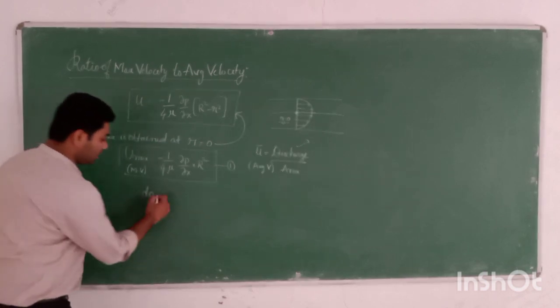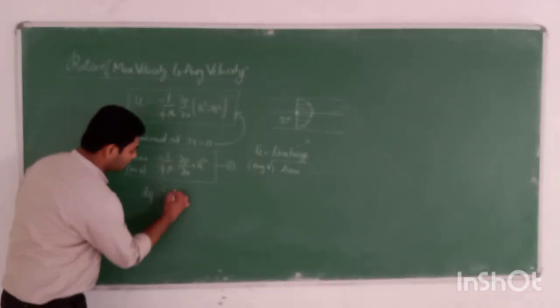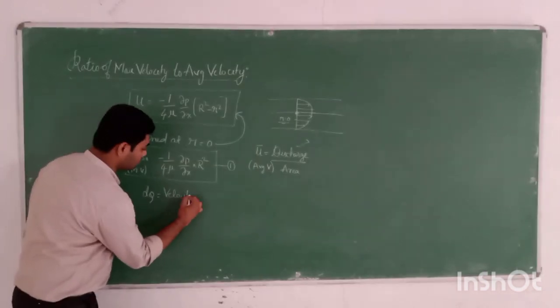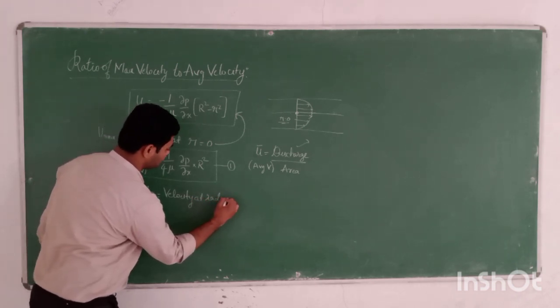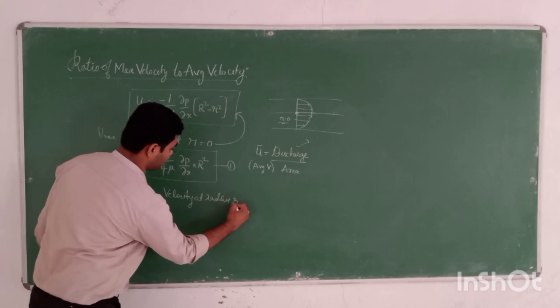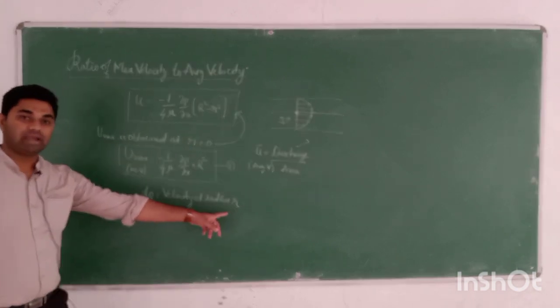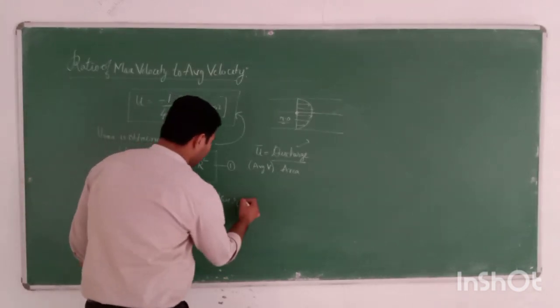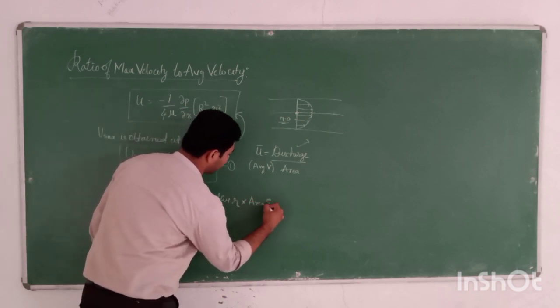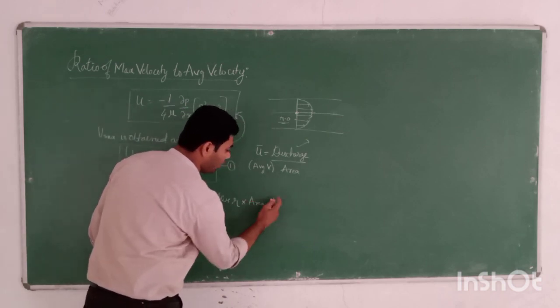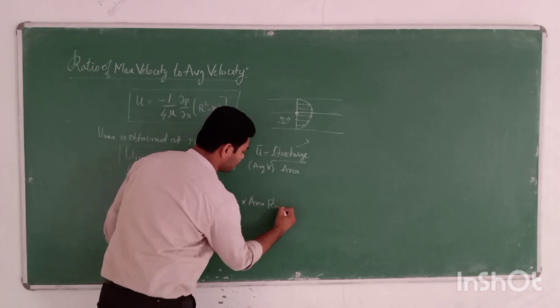Discharge through a section is nothing but the velocity at radius r into the area of the elemental ring, or area of ring element.